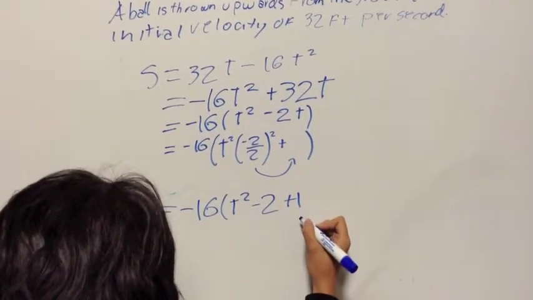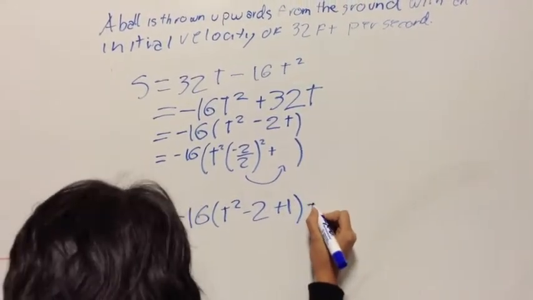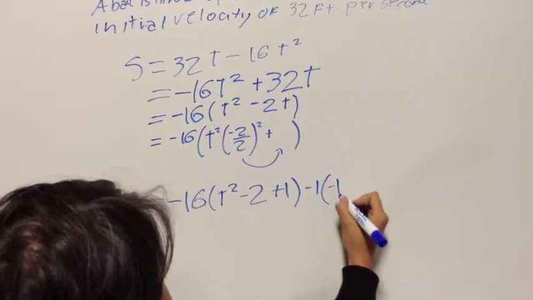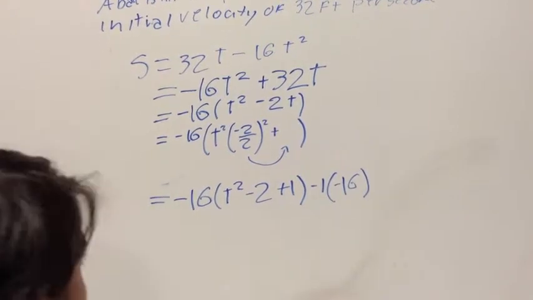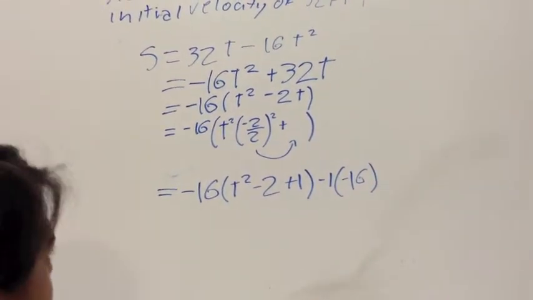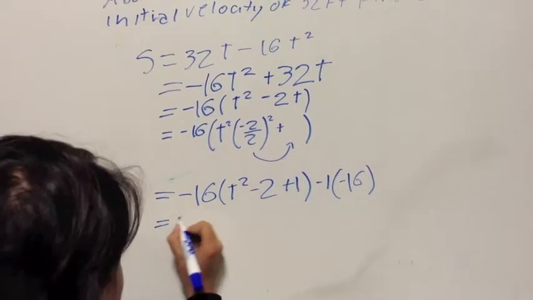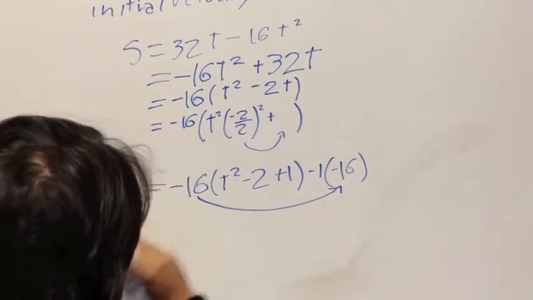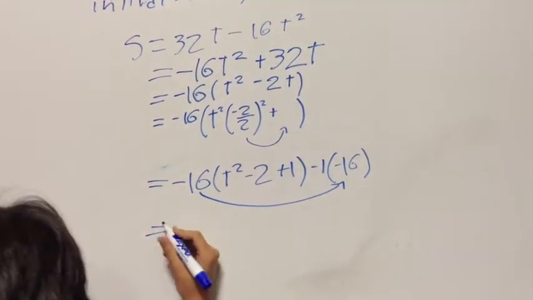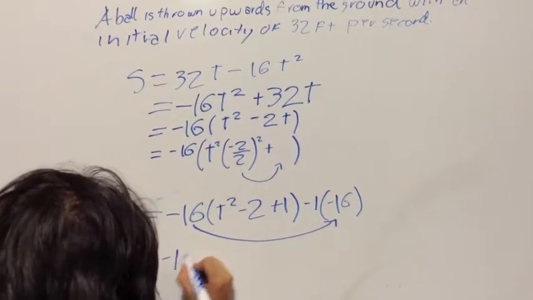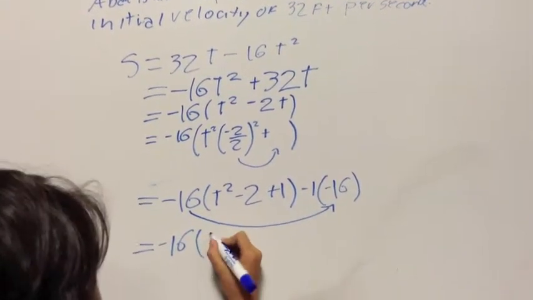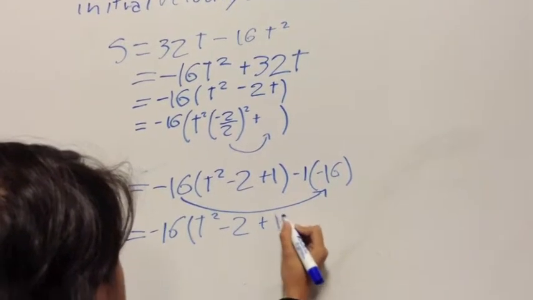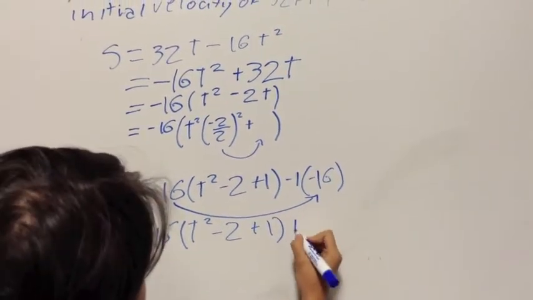Then we put our result with a different sign, times the 16, added outside. So the equation ends like this: minus 16 times t squared minus 2t plus 1, plus 16.